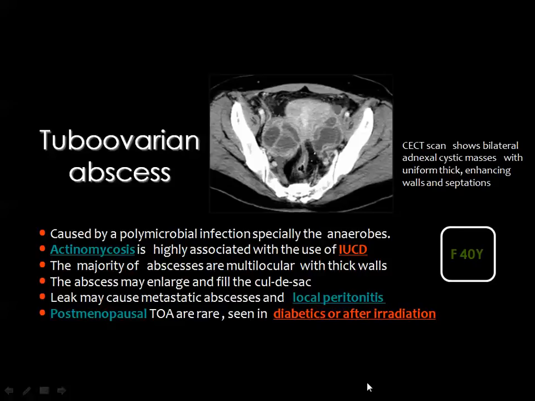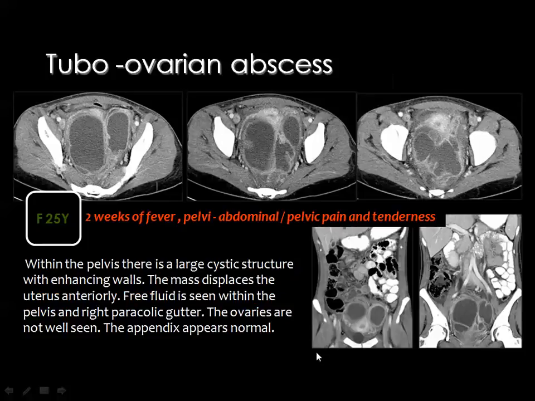Then the abscess may produce local inflammation and may produce local peritonitis. The tubo-ovarian abscesses are not usually seen in the postmenopausal woman, and in such cases, these patients are usually diabetics or have a prior history of pelvic irradiation.